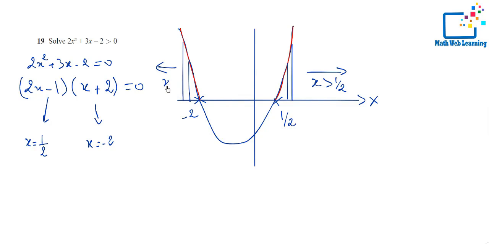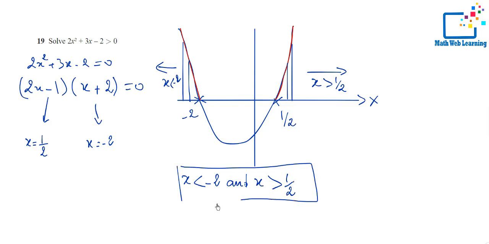So for the x, that's less than minus 2. Okay, so let's write down our solution. So we do x smaller than minus 2, and we say and x greater than half. So these are the two inequalities for our solution.